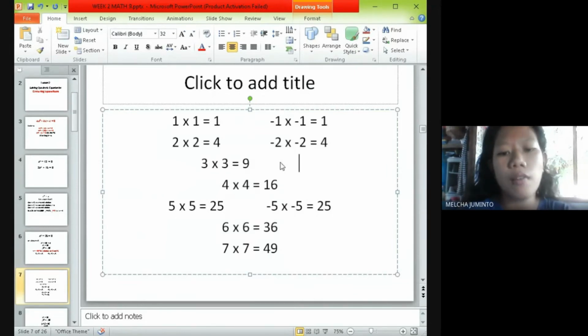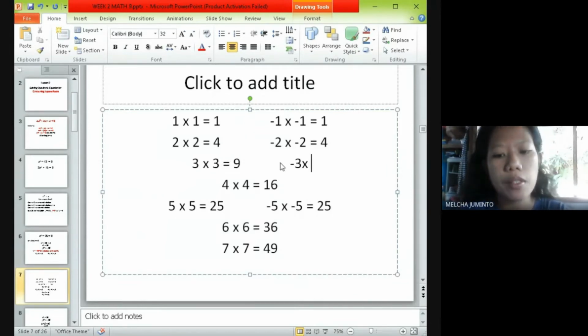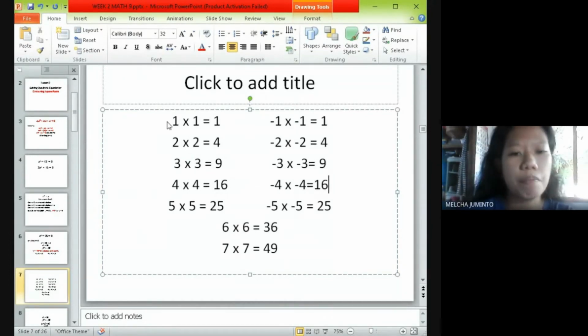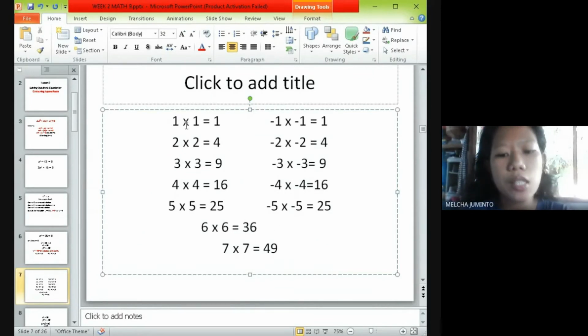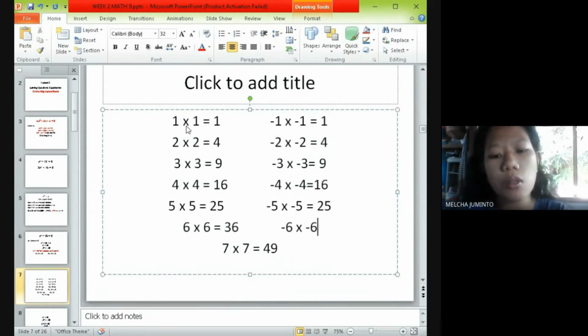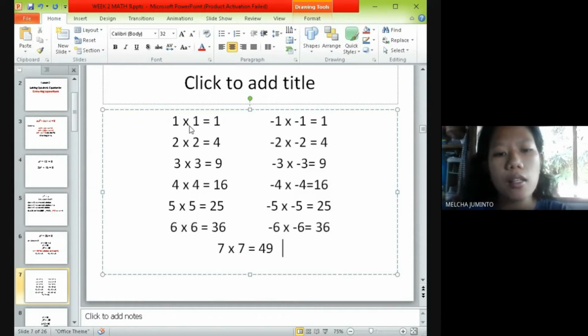And even the rest of the numbers, because every time we multiply two negative numbers, the result is positive. Same with 4: negative 4 times negative 4 is also equal to 16, which is positive. Same with 6: negative 6 times negative 6 is also equal to 36. Same with 7: negative 7 times negative 7 will also give us positive 49.